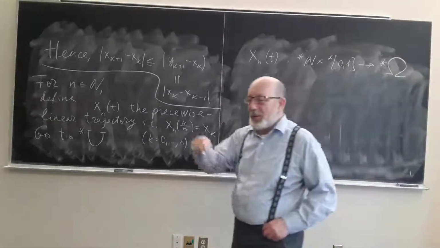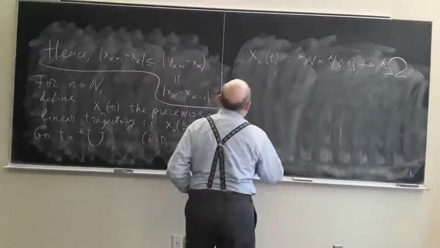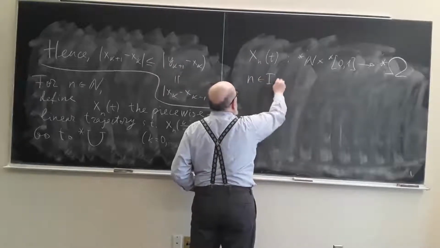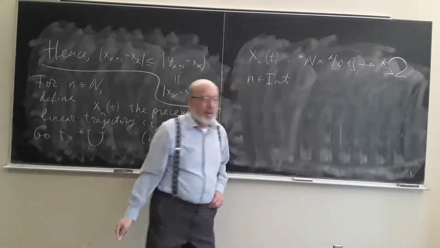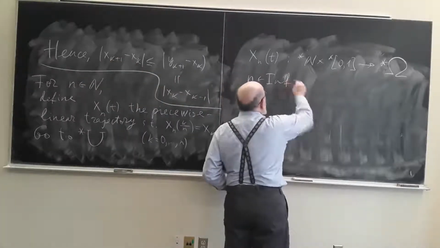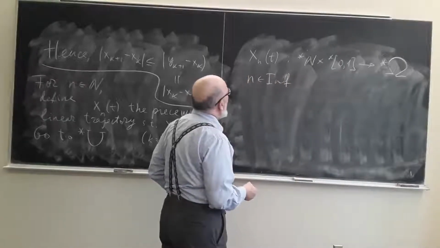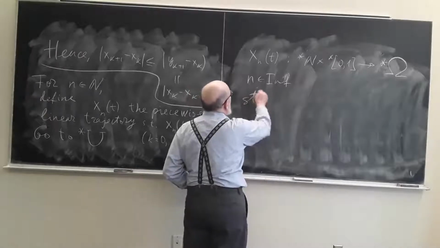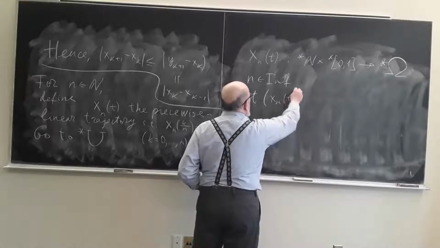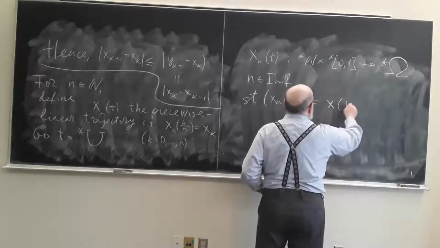So it is the motion along this set star omega, and then you consider n some infinite integer number, and then I take the standard part of xn, X of t.